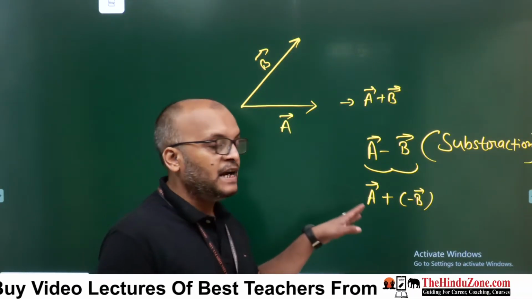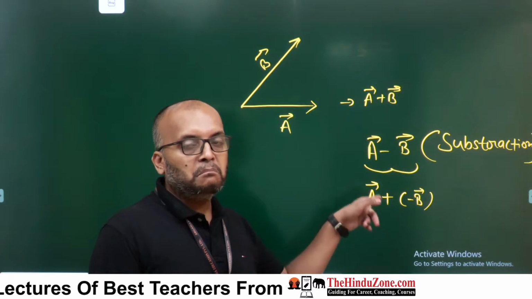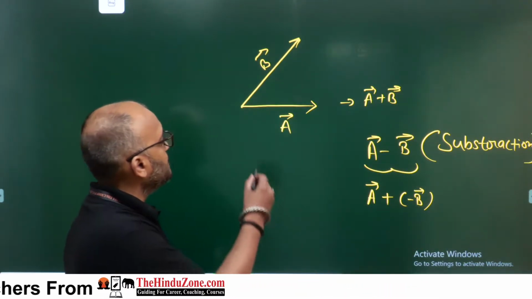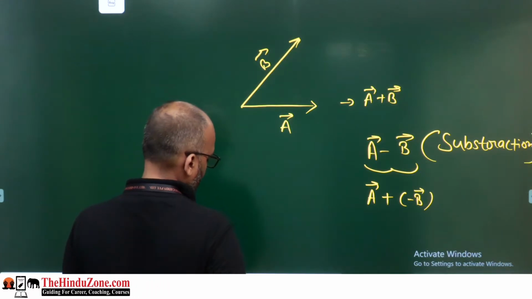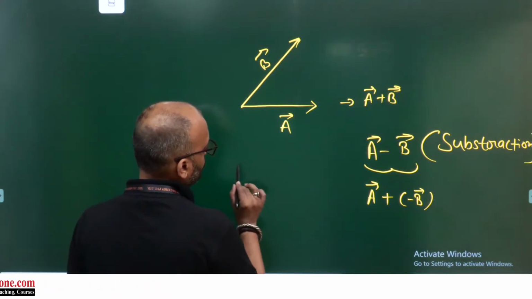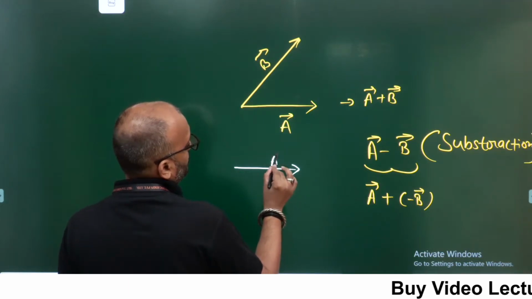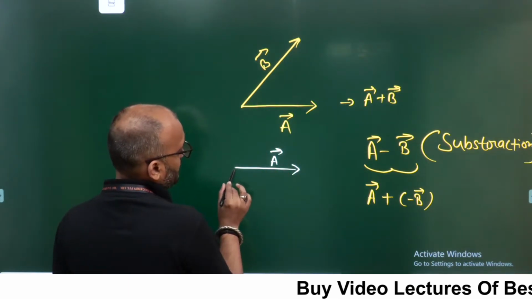But we are going to add vector A with minus vector B. So please see, this is my vector A and this is vector B. So what will be minus vector B?